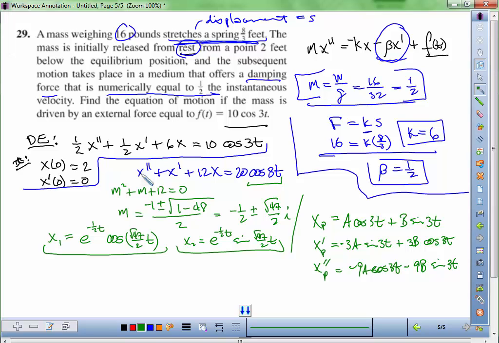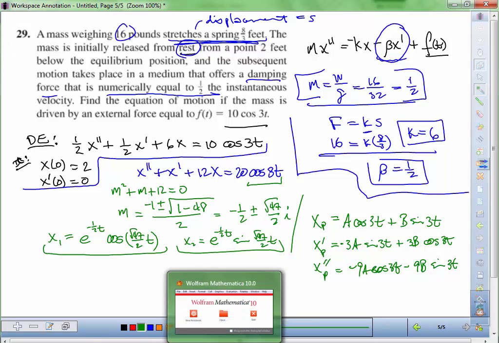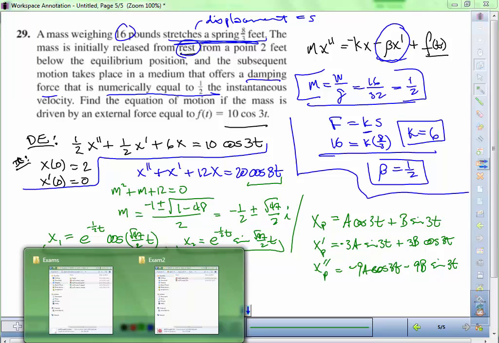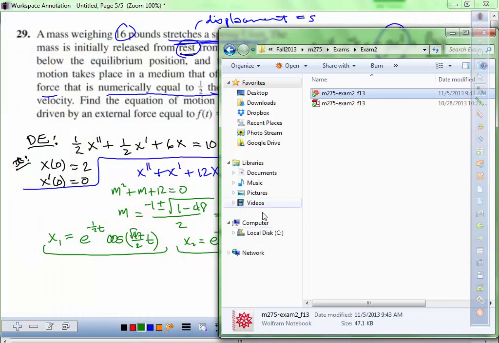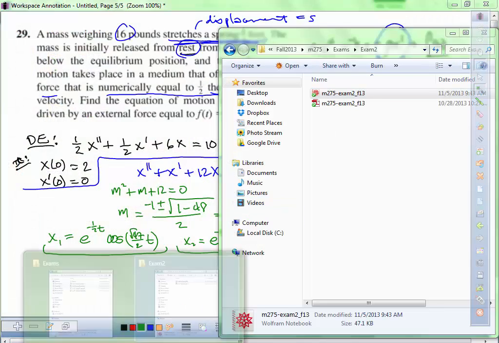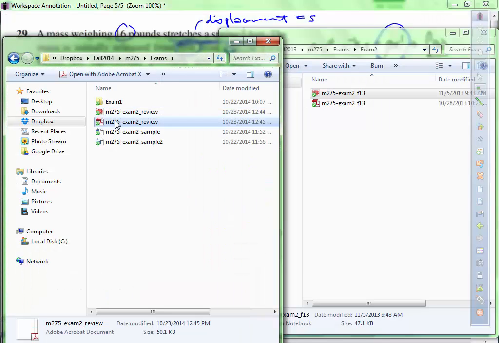This looks like it's going to take a little bit longer than 0 minutes, and that's how much time we have left. So what if we just say that you finish this up? I will post a review for the second exam.